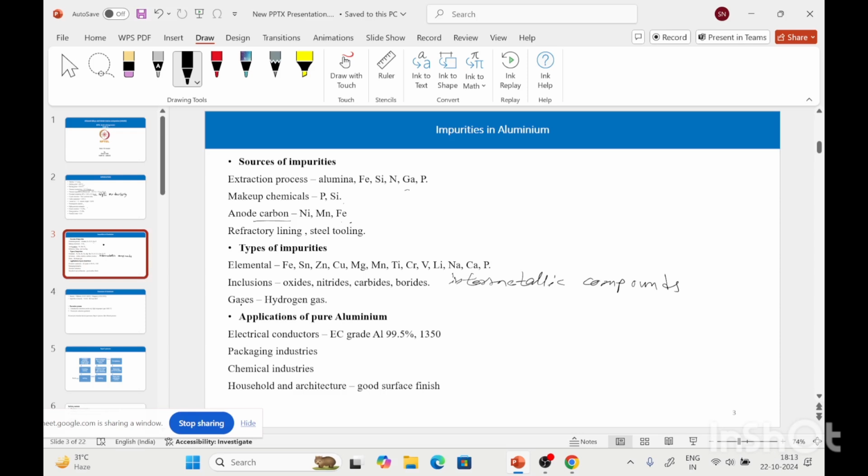And gases can be hydrogen gas, which has a high affinity to dissolve in liquid aluminum. After solidification, if the hydrogen gas is not able to escape from the liquid metal during solidification, then this creates porosity.